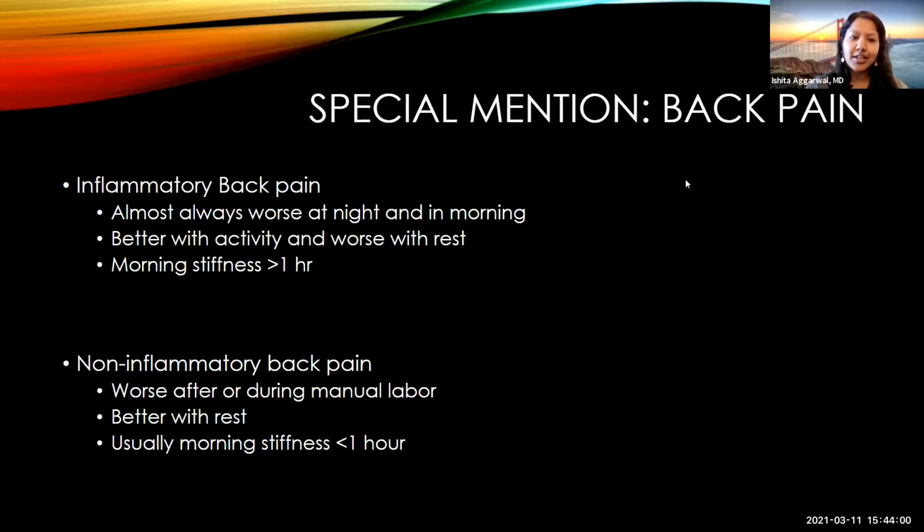Typically it is better with rest and without significant morning stiffness. Inflammatory back pain is usually worse at night and in the morning, often wakes up the person from sleep. And it generally gets better with activity and worse with rest, and is also associated with morning stiffness lasting more than an hour.